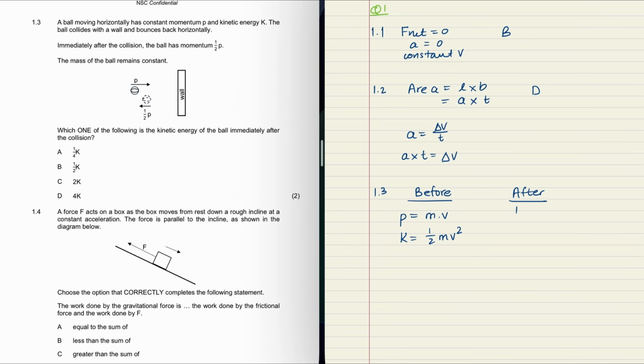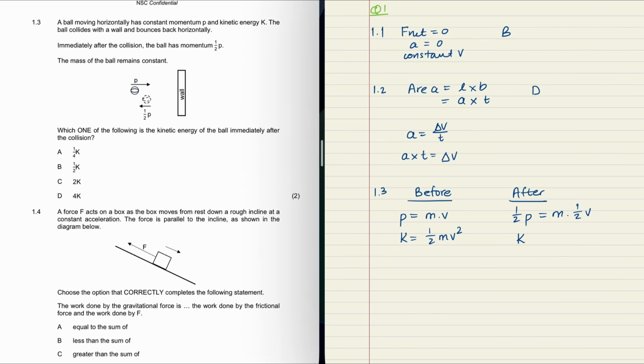So we're going to have half p equal to m times half v. Because again, the only way to get half the momentum, if the mass is the same, is to halve the velocity.